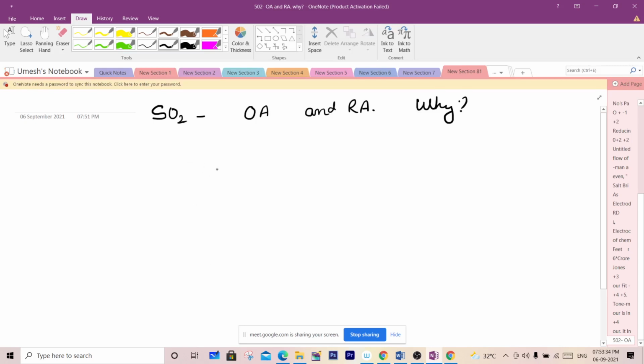Understood? Can you tell me why so? Calculate oxidation number of sulfur here. Can you calculate oxidation number of sulfur here? Bilal, it is coming out to be equal to 4?